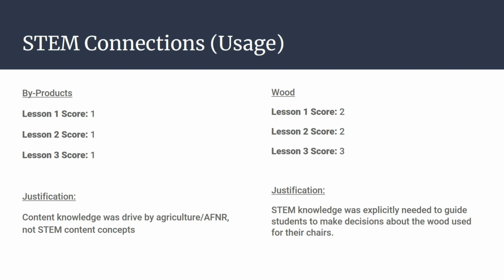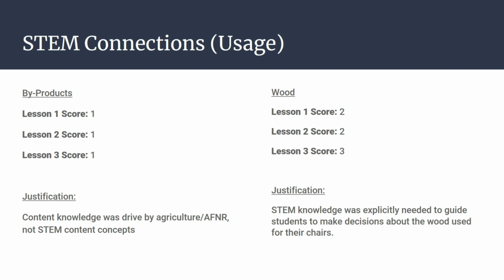Now let's continue the conversation about STEM connections, but let's look at the usage of how those STEM connections were actually listed and drawn out in the lessons in these 2 different units. So for byproducts, you'll see that the expert panel rated 1 for all 3 lessons because the usage of this STEM content was driven by agriculture, food, and natural resources, and really exposing students to become aware of where byproducts come from.